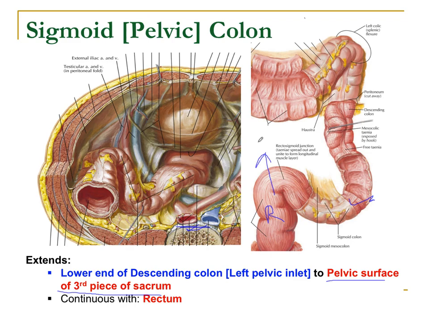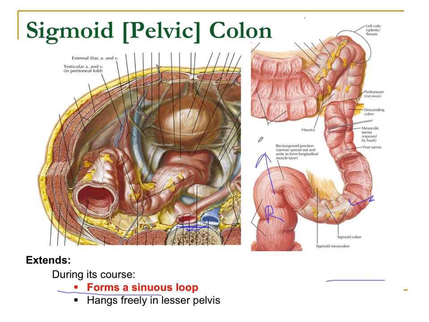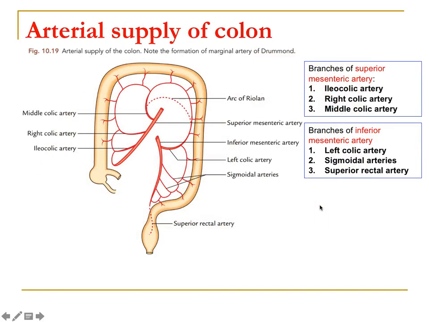Just behind it, you will find the pelvic surface of the sacrum. During its course, it forms a sinus loop-like structure, and it hangs freely in the lesser pelvis region.